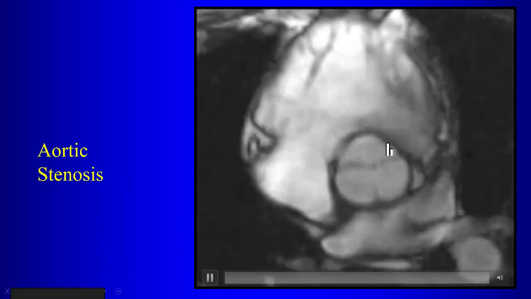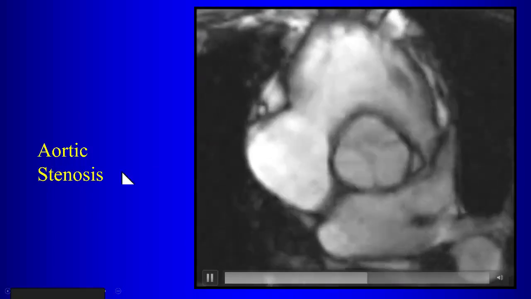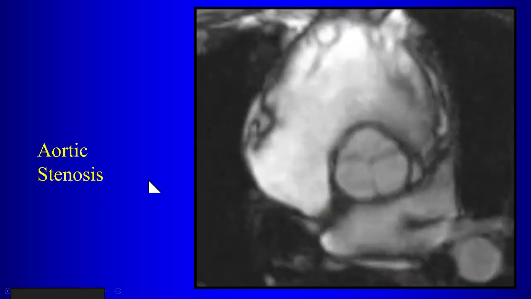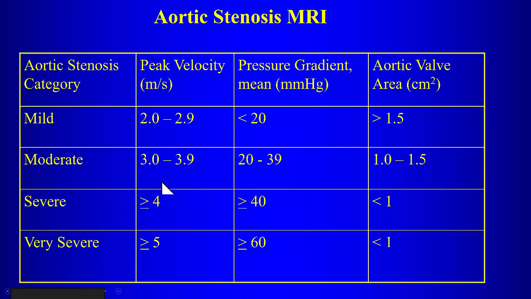So here's an example. You can see the aortic valve is not opening all the way, and we can measure that to get an idea of how severe the aortic stenosis is. You don't have to worry about the numbers here, but there are these tables that we can use for MRI. Depending on the peak velocity, the peak pressure gradient, and the aortic valve area, it gives us an idea whether it's mild, moderate, severe, or very severe aortic stenosis.